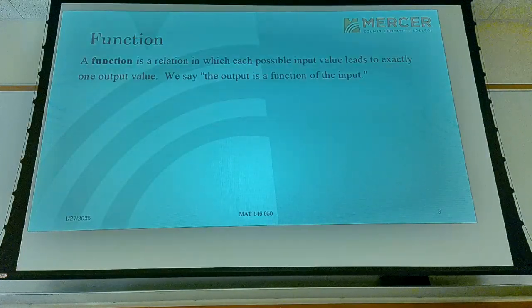And so notice that this has two rules embedded in it. First, every input value has to go to something. And specifically, it can only go to one thing. What it doesn't say is it doesn't say that two input values can't go to the same output.